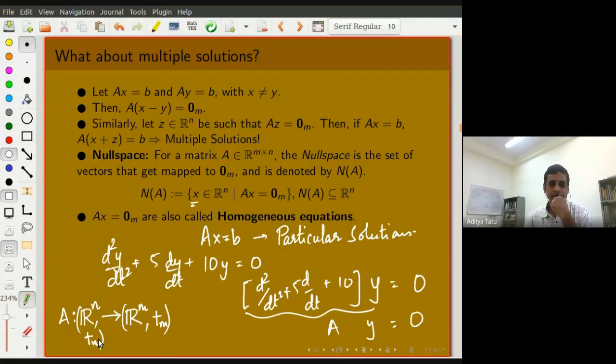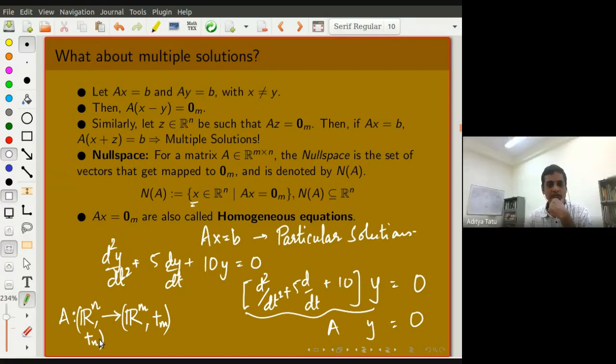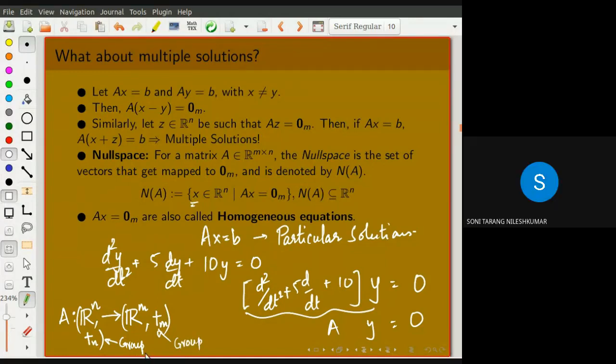Associative? Yes. Closure? Yes. So what do we have? It is a group. They both are groups. And what kind of groups? Abelian groups.